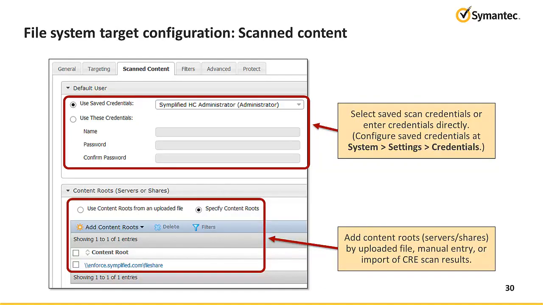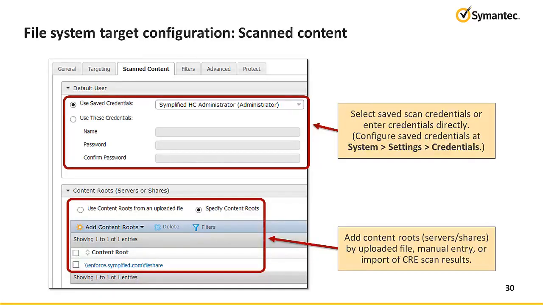First, type the servers and shares you want to scan and select Add Content Roots by Direct Entry. Information entered here takes precedence over default values and applies only to the path specified. Second, import a list of servers and shares detected by a content root enumeration scan by clicking Add Content Roots from a content root enumeration scan.